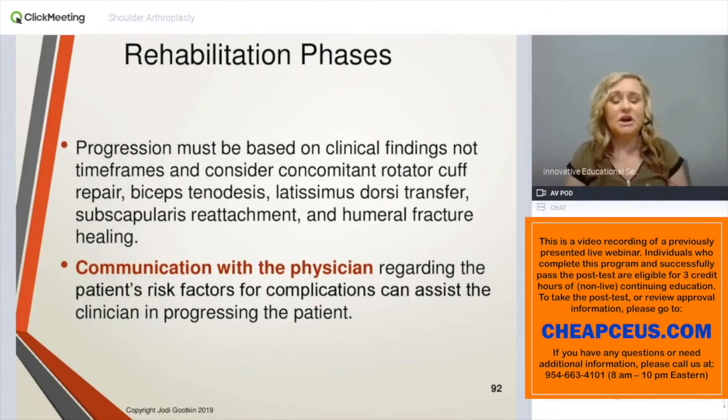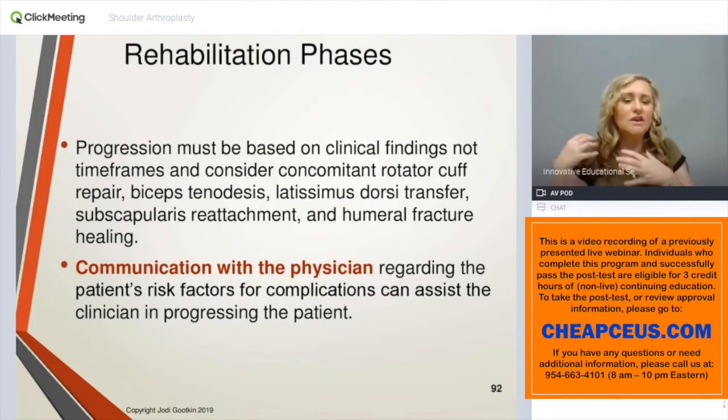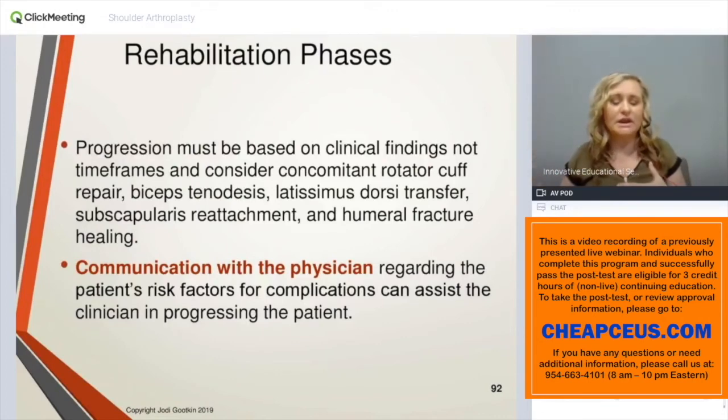All of that's going to change the timeline slightly. Generally speaking, most of the protocols and research that I read said that by about the 3-month post-operative time, most patients are starting to feel comfortable with the shoulder and having some range of motion, but they're still presenting with significant weakness.